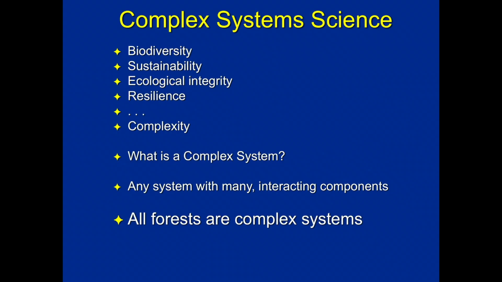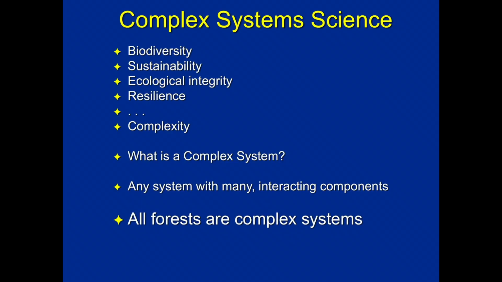So where does complexity science kind of fit in how we've thought about things? Well, we've had biodiversity. I don't know how long has that been kicking around? 25 years. And sustainability as a notion to manage. So biodiversity, we want to maintain it. We want to have sustainability, and in the traditional timber sense, that would be sustainability of a harvest.